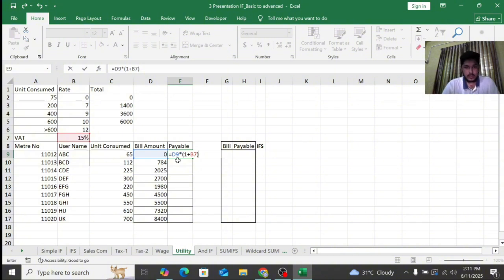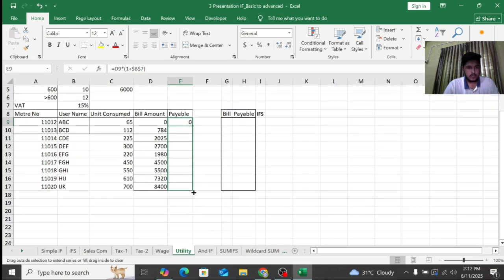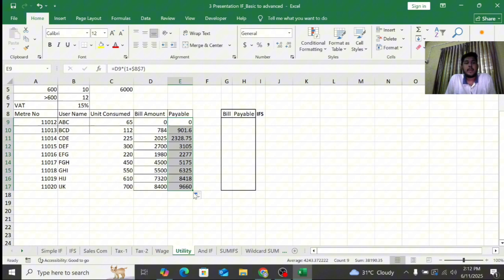So if we make the B7 as constant here, and enter and drag it, we get our total bill amount to be paid after including the VAT.